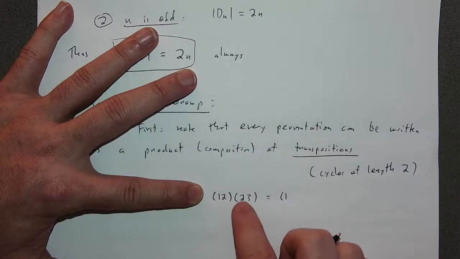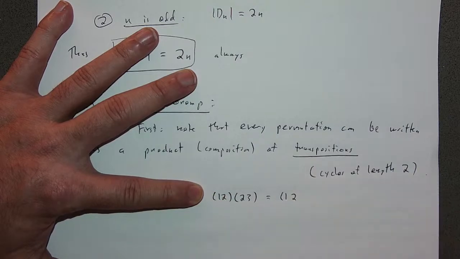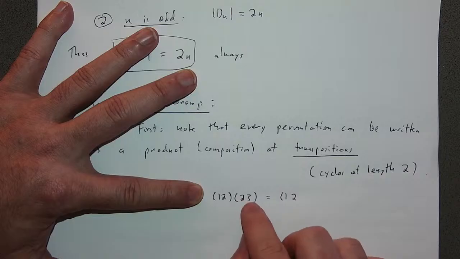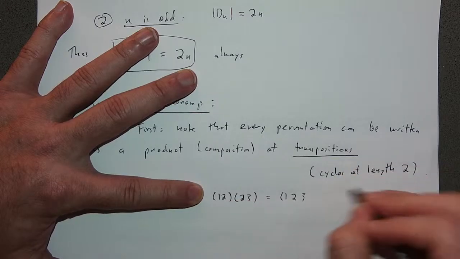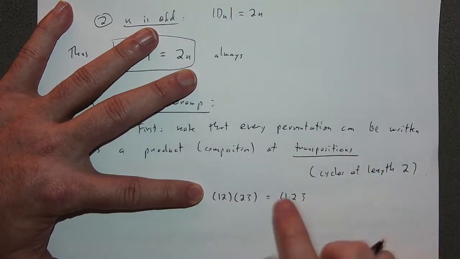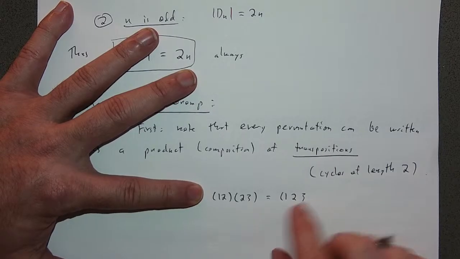Here, so 1 goes to 1, but 1 goes to 2 on the left. So 1 goes to 2. What happens to 2? 2 goes to 3, and then 3 is fixed by this left permutation. So 3 goes to 3. So 2 goes to 3, 3 goes to 3, so 2 goes to 3. Let's just check that this closes. We know it has to, but let's just check.